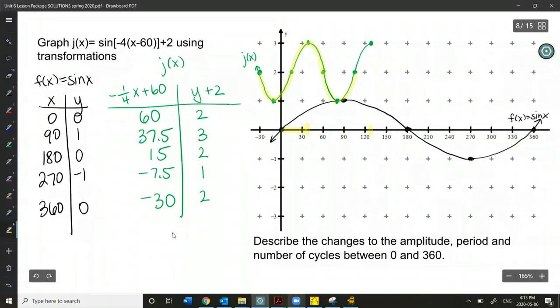Okay, and then to complete the cycle, we're going to go back down to 2, and this should be exactly on the next tick over. So when I go down here, I should go exactly on that 150 mark, like so. Okay, and then we're going to just repeat the process again.